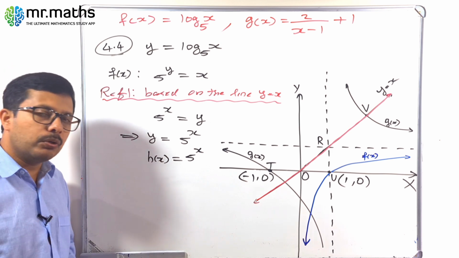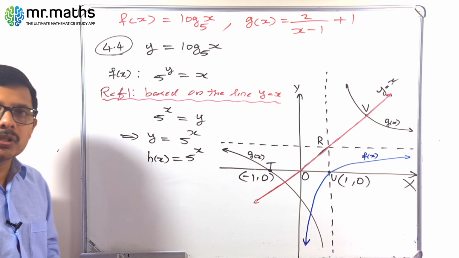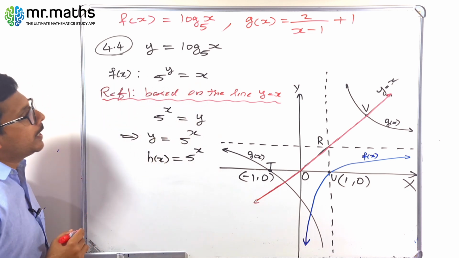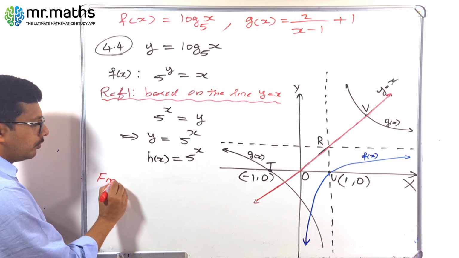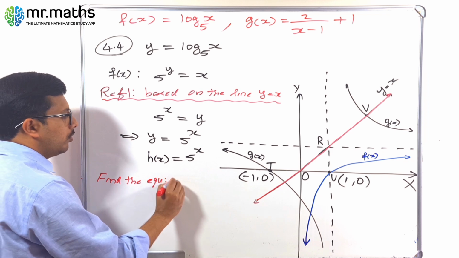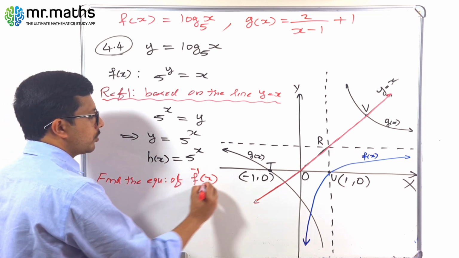Now before I go to the next question, let me ask you one thing. In case the question is, this is f of x, and find the equation of f inverse of x.